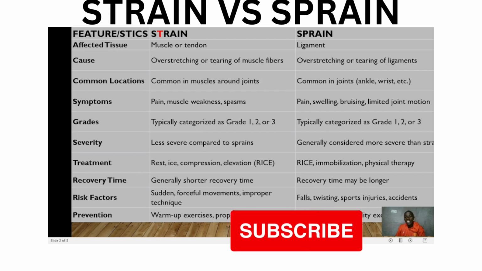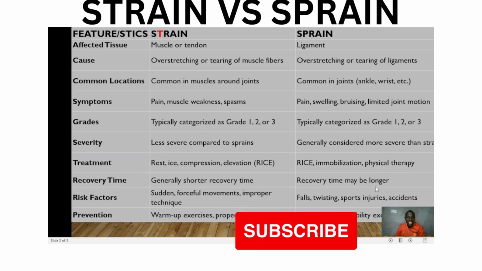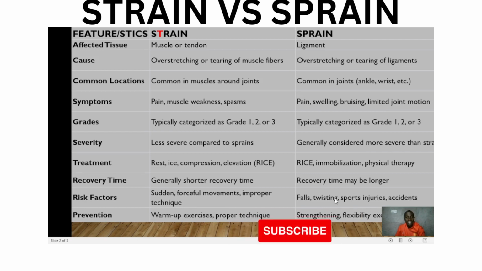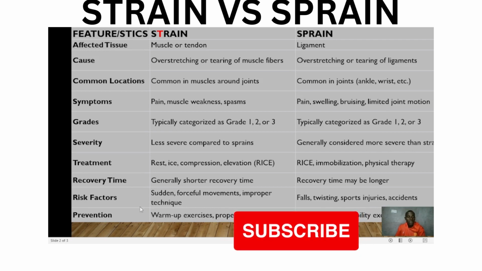Remember, the most affected ligament, for example, in sports like football, you have the ACL, anterior cruciate ligament, at the knee. Correct, guys. This one takes more time, about 6 months. So, in terms of prevention, to avoid the strains, we have warm-up exercise and proper technique.